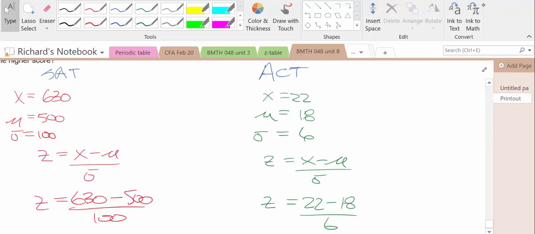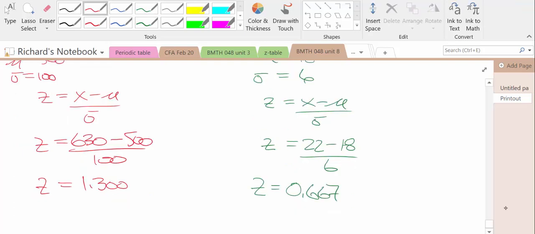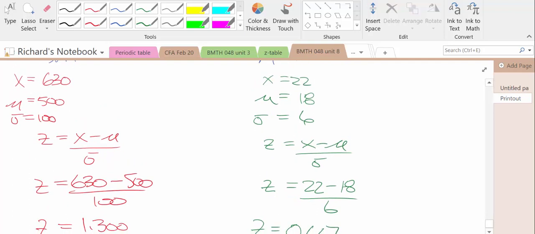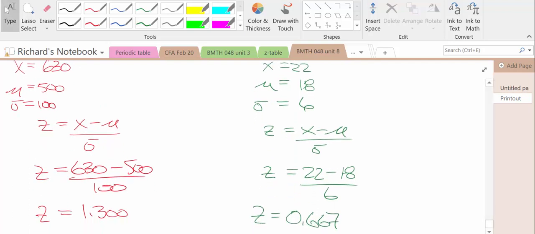I've got the information to calculate the Z score for the person who wrote the SAT, and I have the information for the Z score formula for the person who wrote the ACT. Now I calculate the scores. The SAT score, the one in red, results in a Z of 1.3. The ACT score, which is in green, results in a Z score of 0.667.